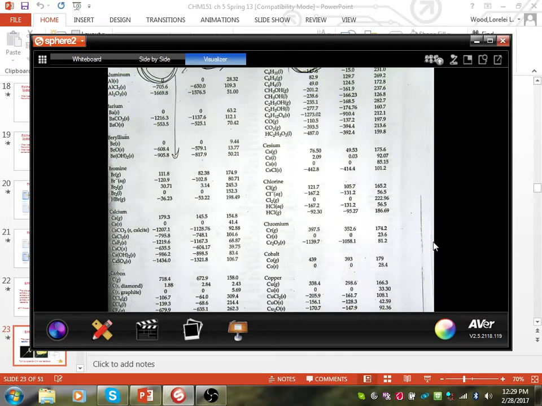All right, so we got some things that are 0. We noticed some trends there. What else do you notice about the rest of the numbers? If they're not 0, they're either what? Negative or positive. So the negative ones mean, did it cost me energy to make that, or did I get energy back when I made that thing? What's the negative sign mean? Negative means that energy did what? Left. So the universe got some energy back when I made that thing.